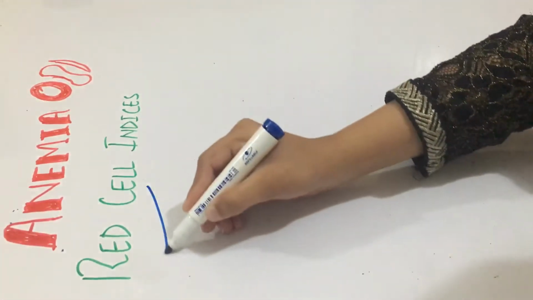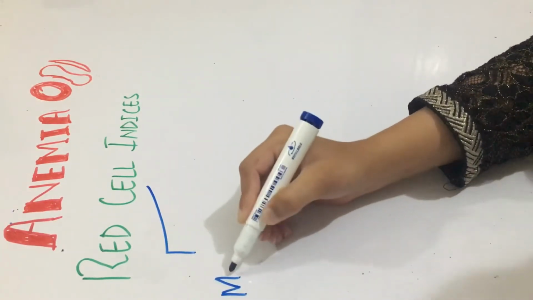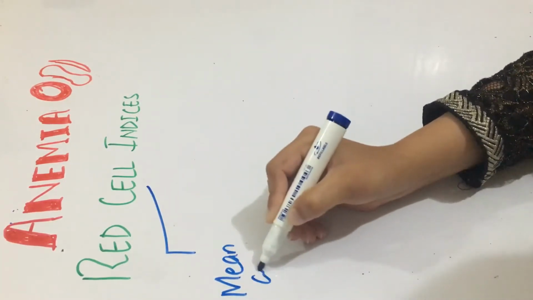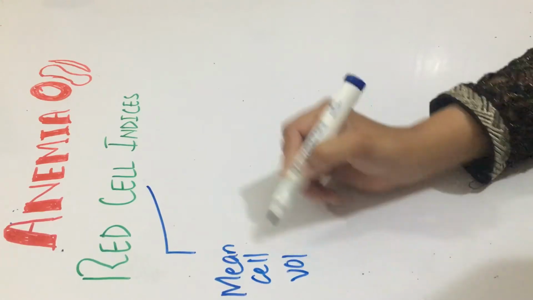Bismillahirrahmanirrahim. In this lecture, we will mainly focus upon the red cell indices. Now, what could be the red cell indices? In these categories, the first is the mean cell volume of the RBC.